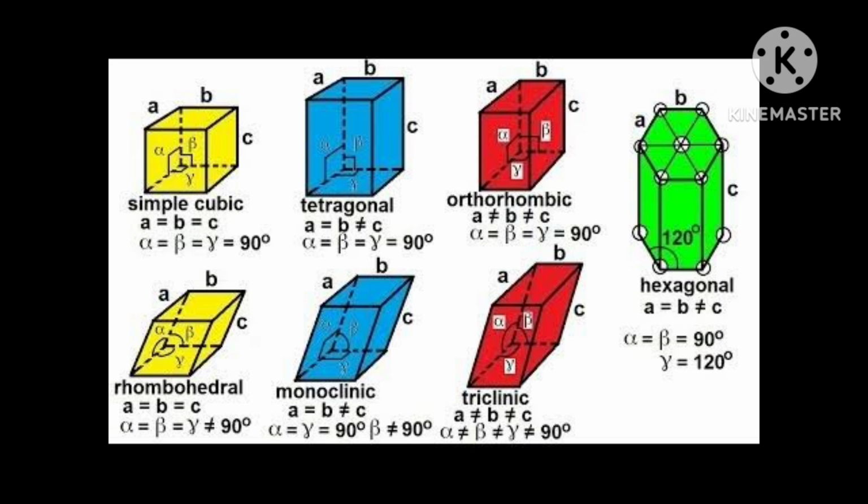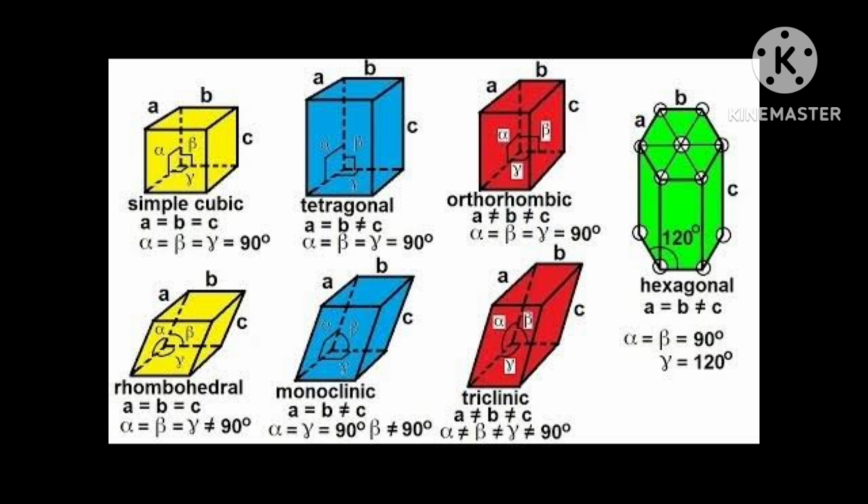All three angles will be 90 degrees. But the difference is that here one side is not equal to the others. A and B are equal, but B is not equal to C, meaning they differ in height.